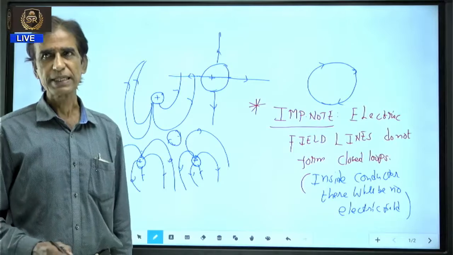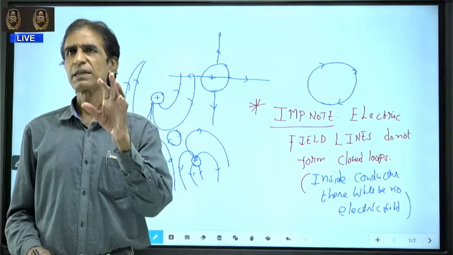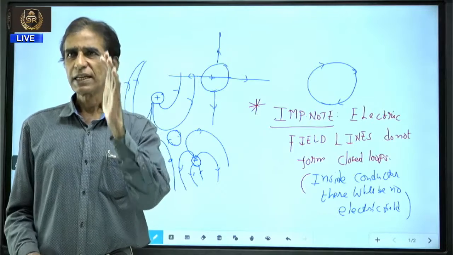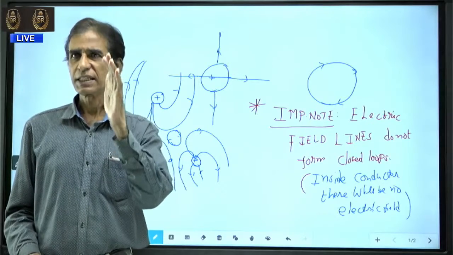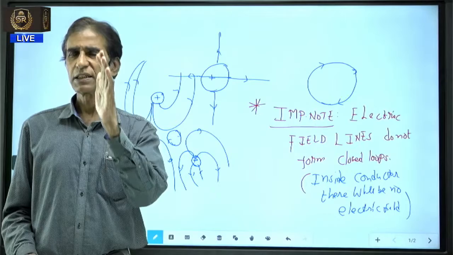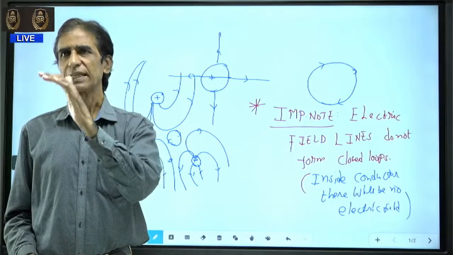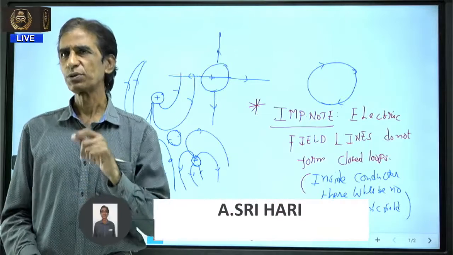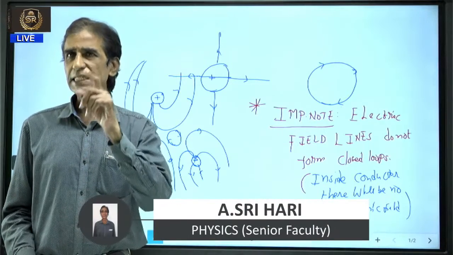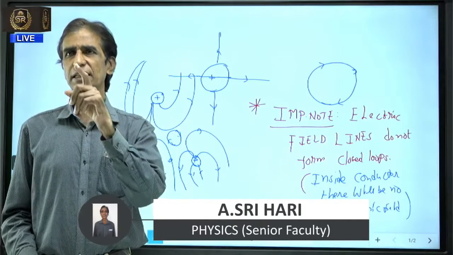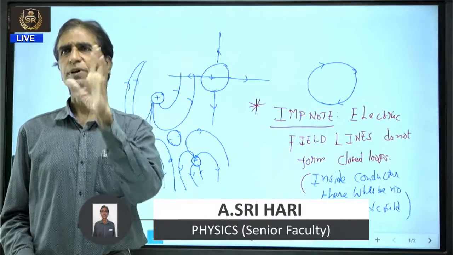So what are the important points here? Number one, the most important point: field lines originate at a positive charge radially outward and terminate radially at a negative charge. Number two, the tangent drawn at any point to the field line indicates the direction of the electric field at that point.